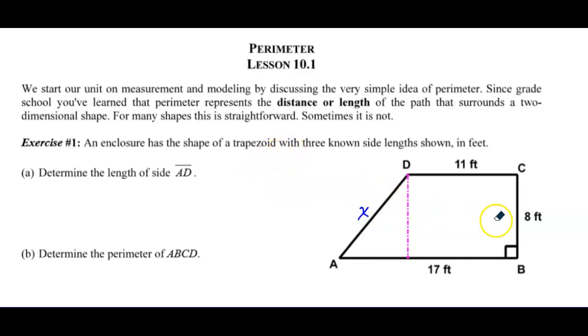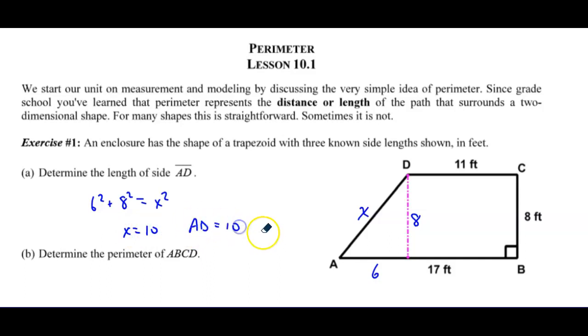And then we can take the rectangle and translate the 8 across. We have an 11, we have a 17, so if I subtract those two segments, I know that I have a 6. And so Pythagorean theorem would tell me that 6 squared plus 8 squared equals x squared, and x comes out to 10, so that would be the length of AD.